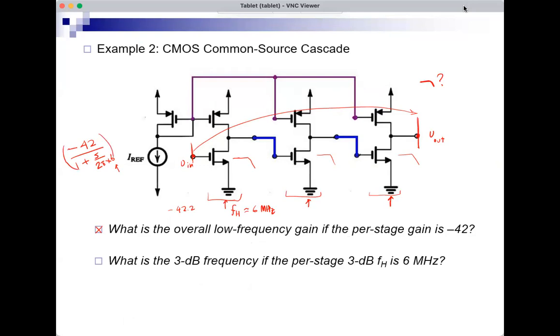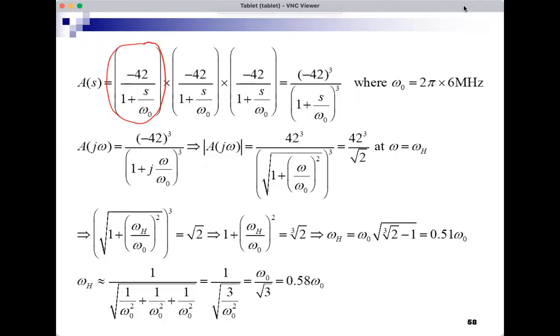If I want the transfer function overall, I will multiply the transfer function per stage. So first stage, second stage, third stage, and this will be the overall transfer function.